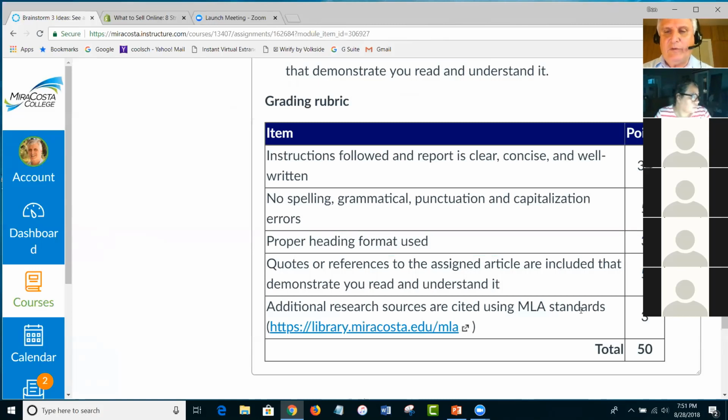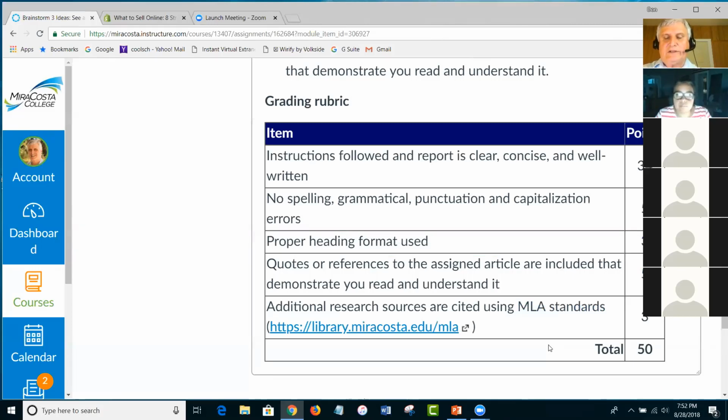And if you quote any other sources, make sure that you use the MLA standards to cite what it is that you're quoting, and I'm providing a link to the MLA standards.